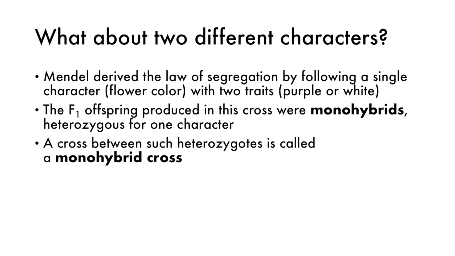So the F1 generation in Mendel's experiment were monohybrids that were big P, little p. They were all purple, but they all had the white flower gene in them. So we call that a monohybrid cross, one hybrid.